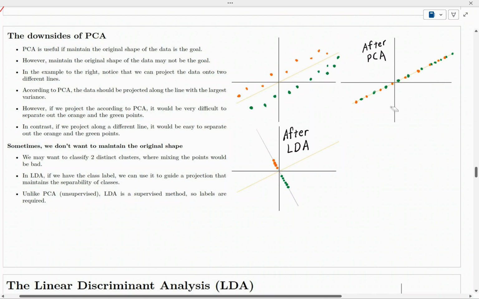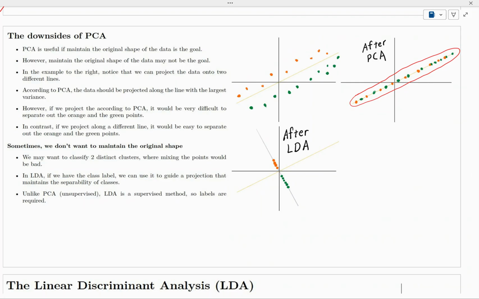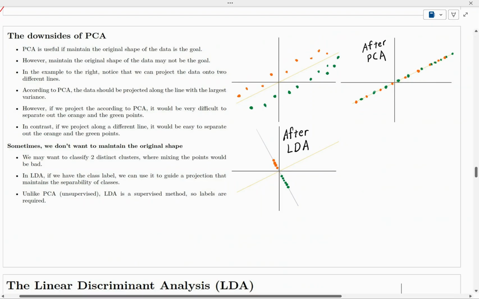However, notice that now you have the data all mixed together, right? Therefore, if your end goal is to separate the green and the orange dots, you just made it harder. Previously, it was easy to separate them, but now you have them all mixed together, and it makes it much harder.